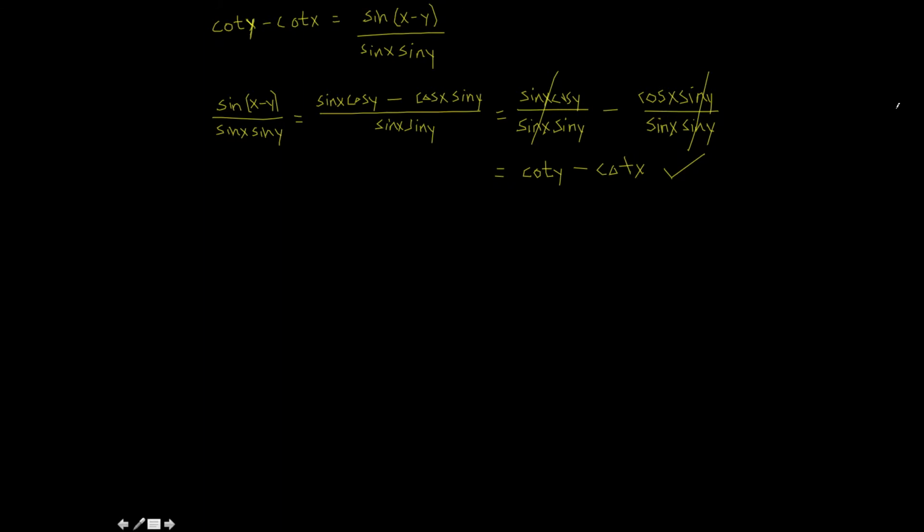Now, I stuck mainly with the sum identities and difference identities in all the examples I did today. Now, there are some cofunction identities that you may have some practice on doing. So be careful with those, as it's just a matter of plugging in the identity to get what you need.